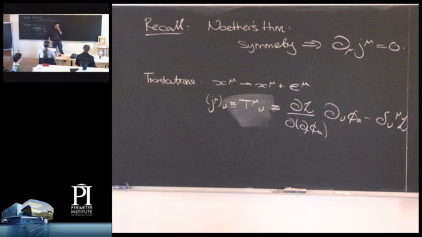However, in any given theory, there's always a way to massage the stress-energy tensor and add a few terms so that what you end up with is still conserved. It still obeys this equation with T mu nu here, but it's symmetric. So there's always extra terms you can add to a given stress-energy tensor to make it symmetric if it's not.